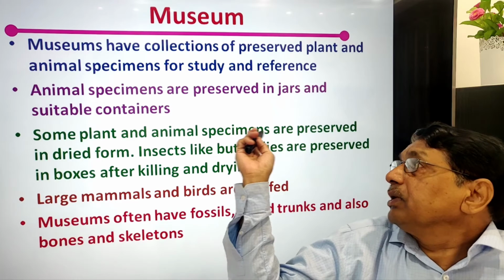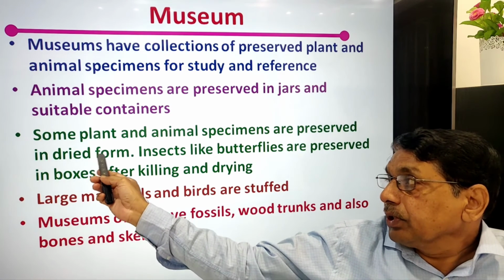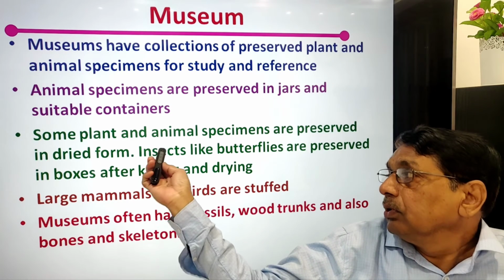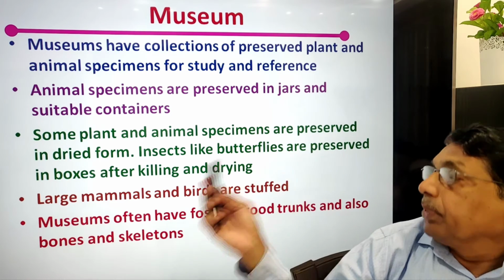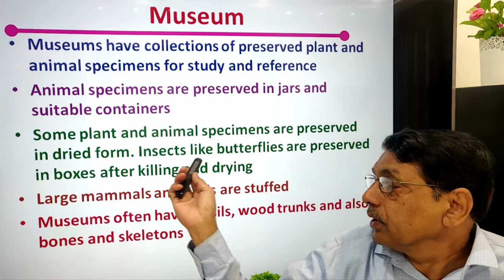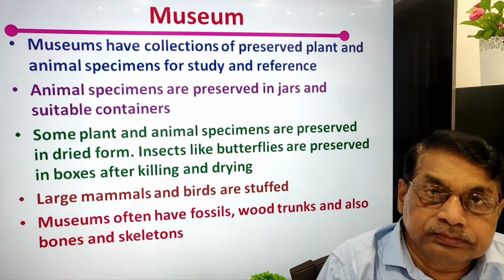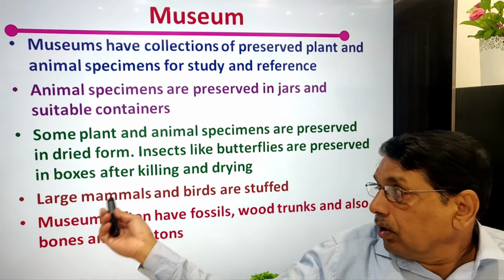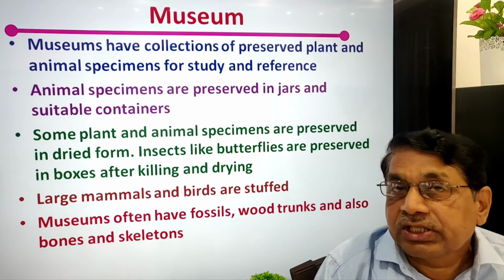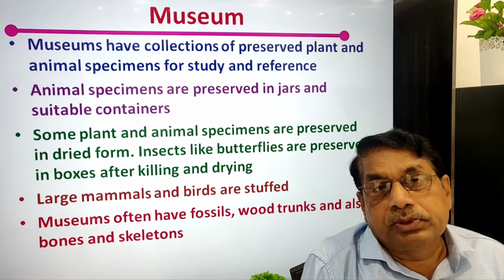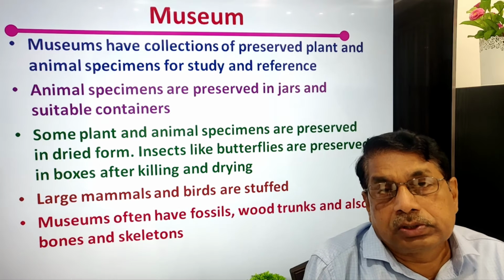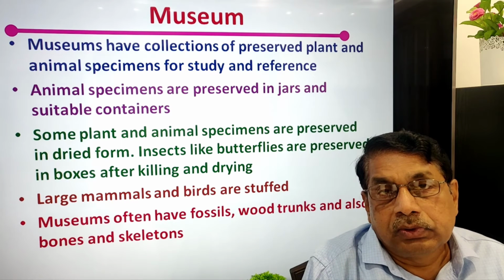Some plant and animal specimens are preserved in dried form. Insects like butterflies are preserved in boxes after killing and drying. Large mammals and birds are stuffed. Large mammals, suppose apes, monkeys, or some other animals.